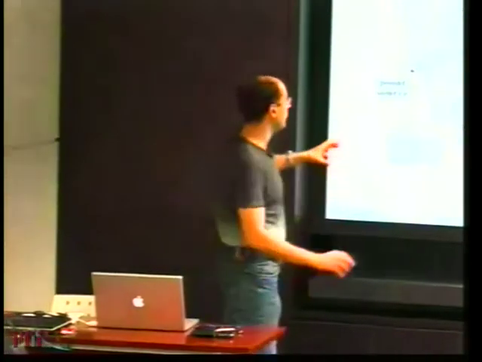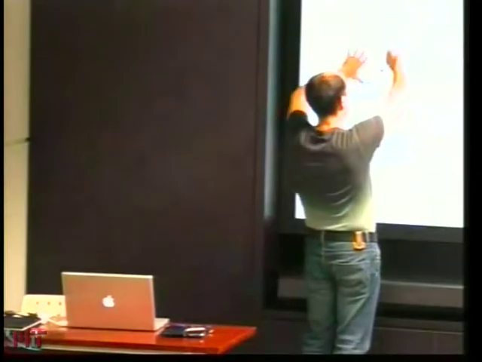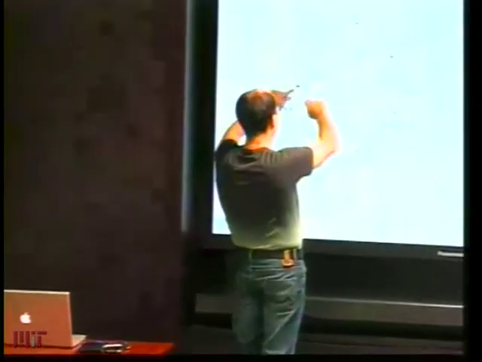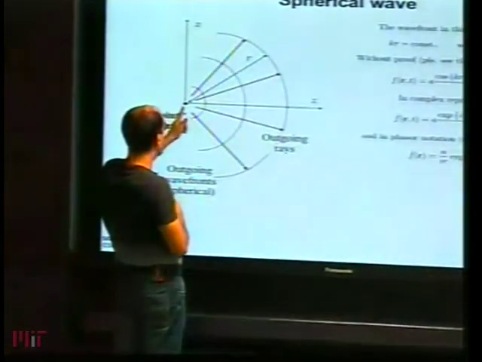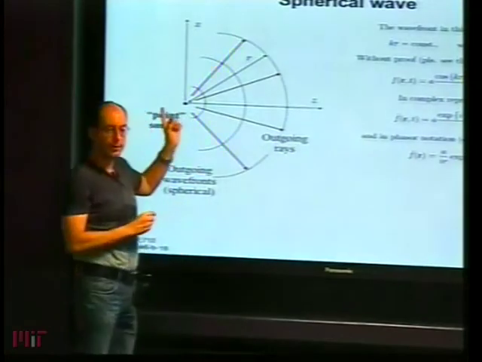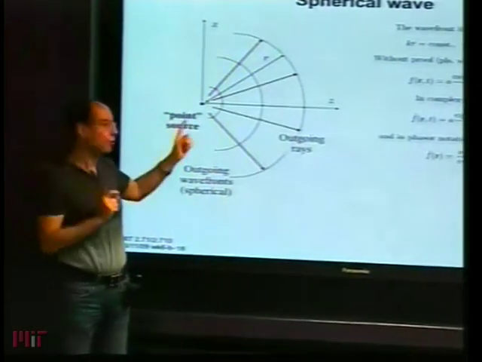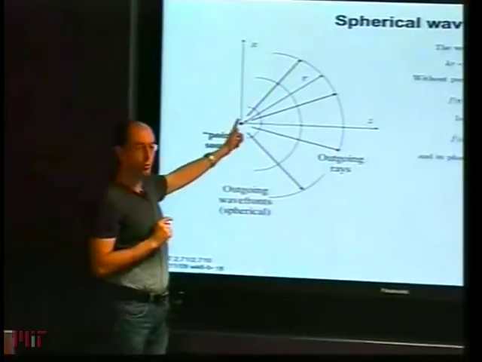The same is true for the point source, but for a slightly different reason. It is actually impossible to create an ideal spherical wave. The best thing that you can do is create a dipole source here.